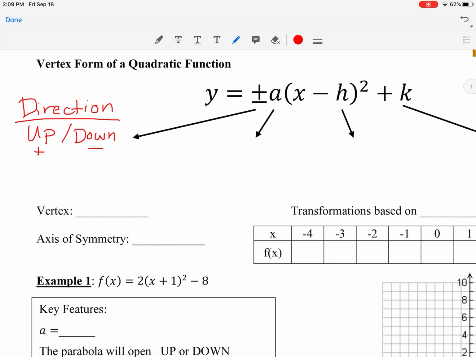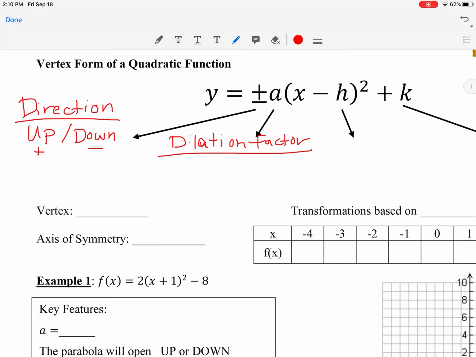Then A itself, if you played around with this a little bit on your graphing calculator last time, you'll remember in 2.1, stretches our graph, so it makes it wider or taller or shorter. And it depends on if A is bigger than 1 or smaller than 1. So this is a dilation factor. It will tell us how much our graph has been dilated.